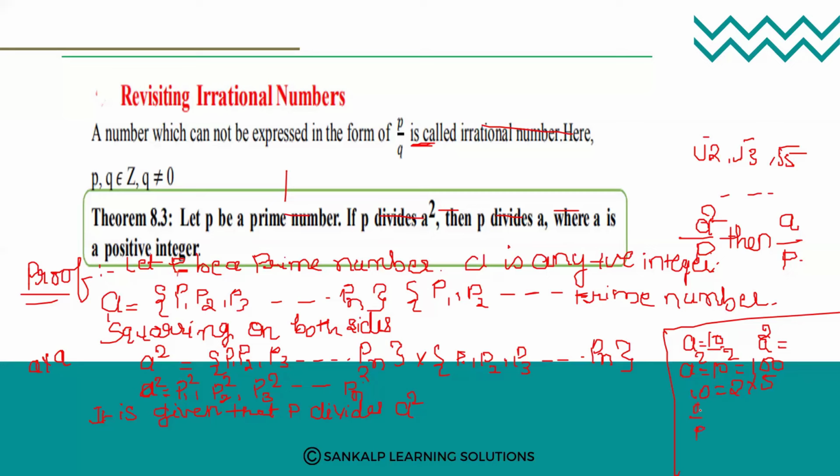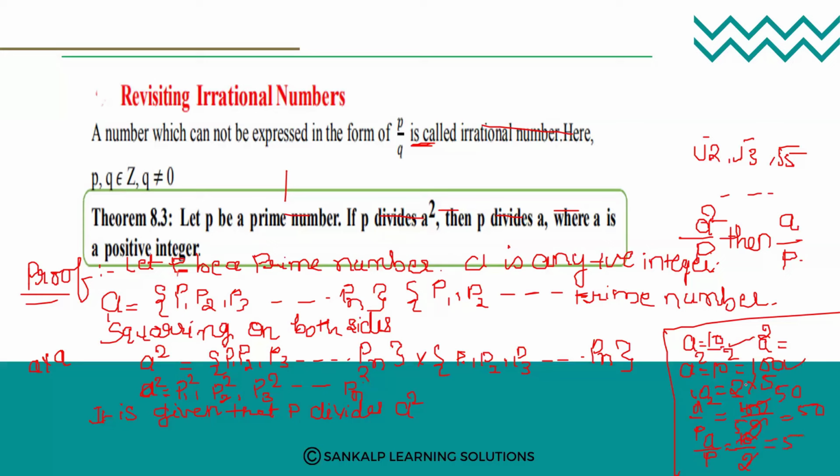P divides A square, with P as 2, then 2 divides 100. A square is 100 here, right? 2 fives are 10, and 0, it becomes 50. If P divides A square, then P divides A. P is 2, A is 10 here. 2 also divides 10, it becomes 5.